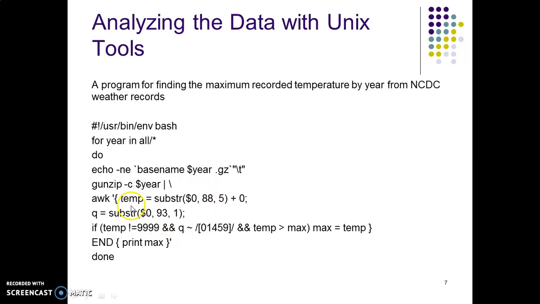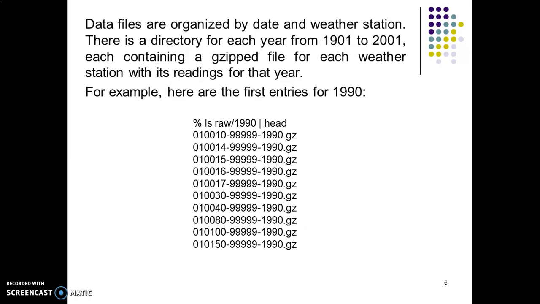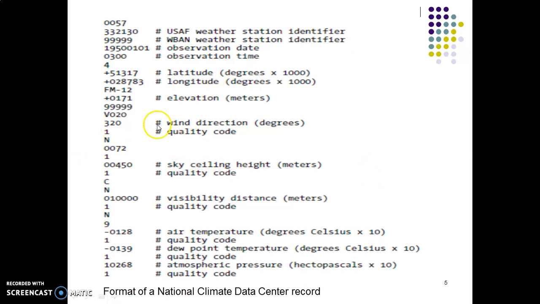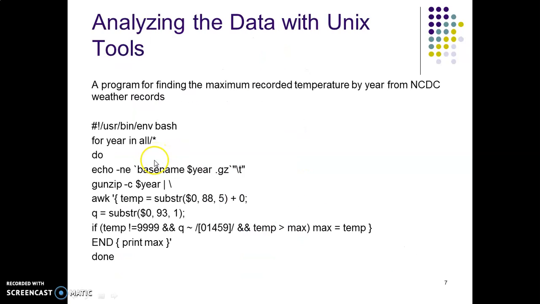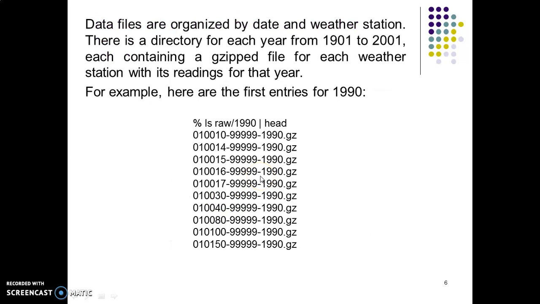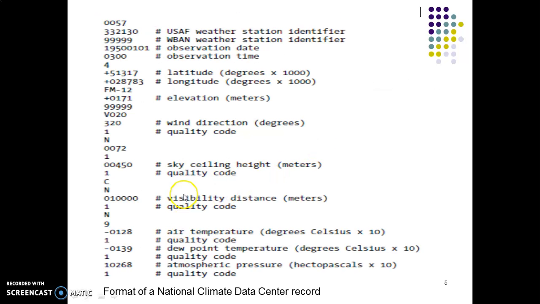So here temperature equals substring, we are getting the temperature from each one of the lines. So here we have complete lines. In those lines we are going to a particular line by making use of temperature equals substring 0,88,5.